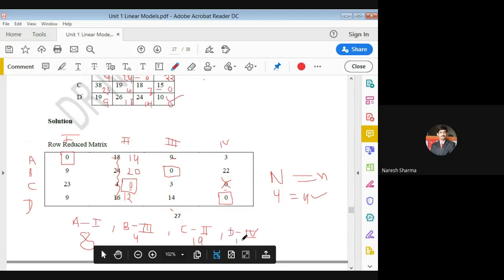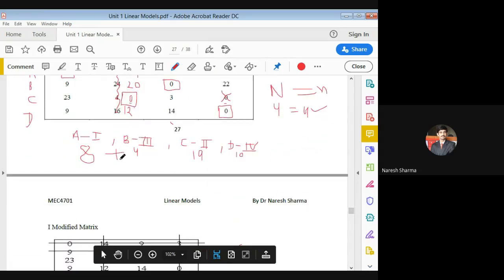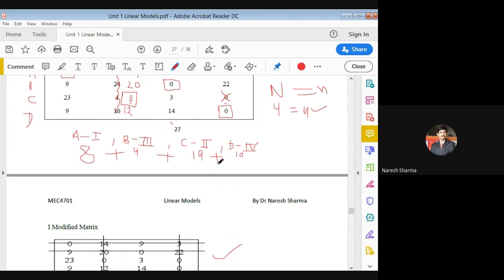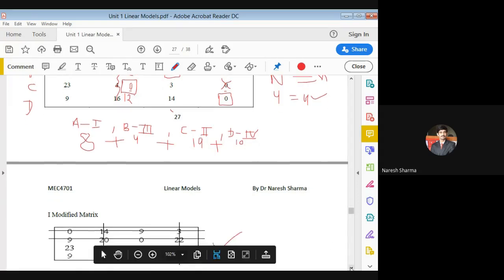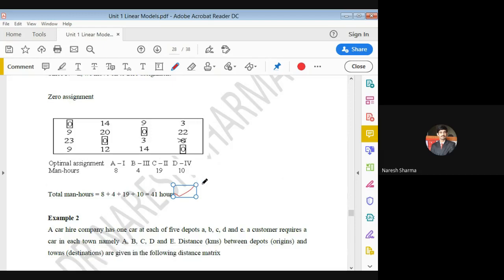So these are the hours taken respectively. If we add all these four, that gives you the minimum cost. So it is 29 plus 4, 33, and 8, 41. So after doing this, 41 hours is your minimum. Right? So this is your first example.